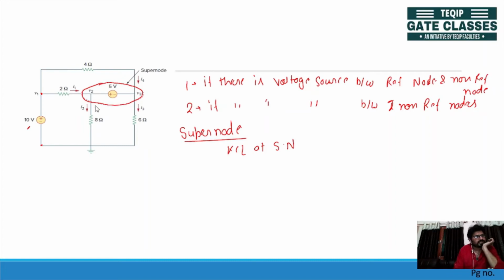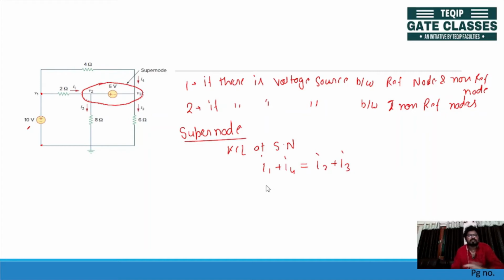The current entering the super node is, you can see this I1 is entering, this I4 is entering. So the entering current is I1 plus I4, and the current leaving this balloon is I2 and I3. Okay, fine.